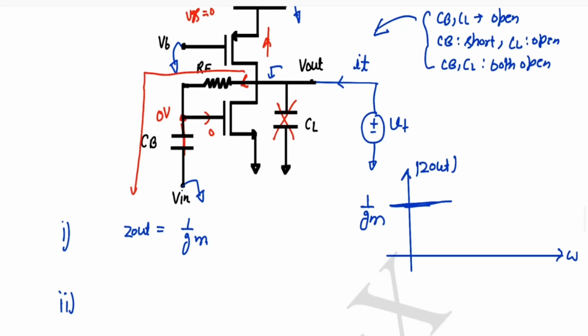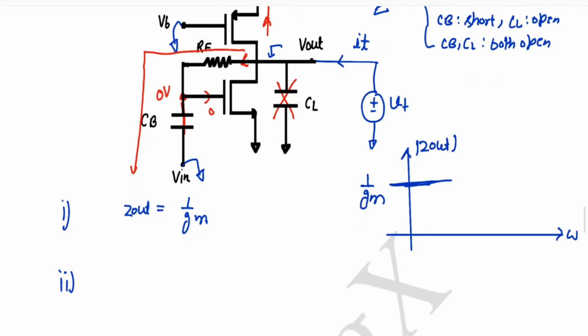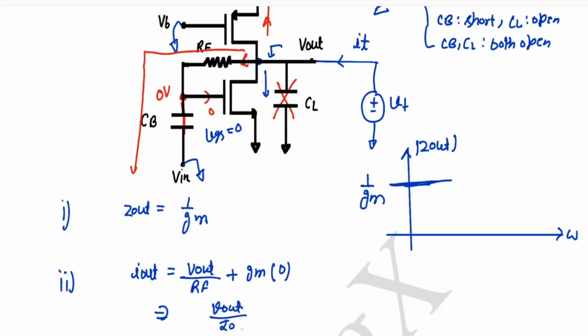If I write a KCL equation at this node, I out equals V out divided by RF plus this current. What will this current be? This will be Gm VGS, and VGS will be 0. So in this case V out by I out will be RF.